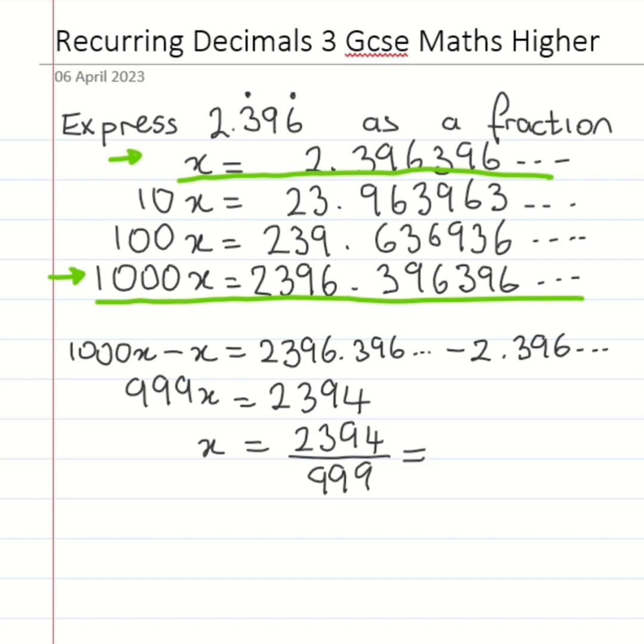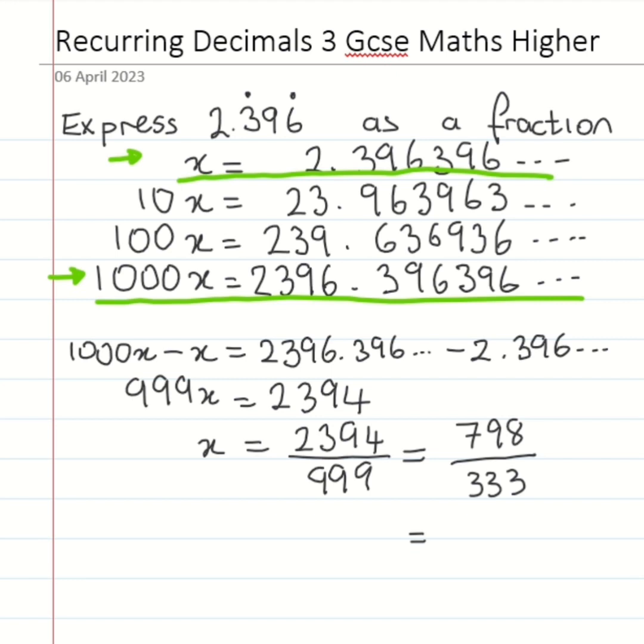Hence, if I divide top and bottom by 3, the denominator will be 333. And if I divide 2394 by 3, I would have 798. Again, I can add these 3 digits, that's 9. Since 9 is in the 3 times table, this will be divisible by 3.